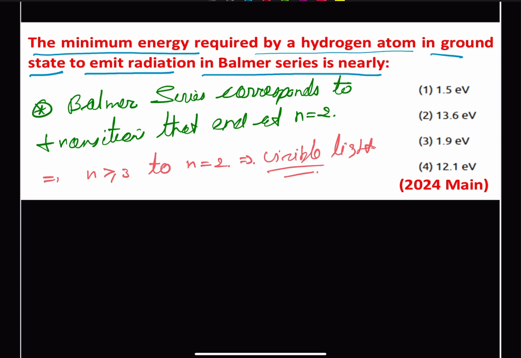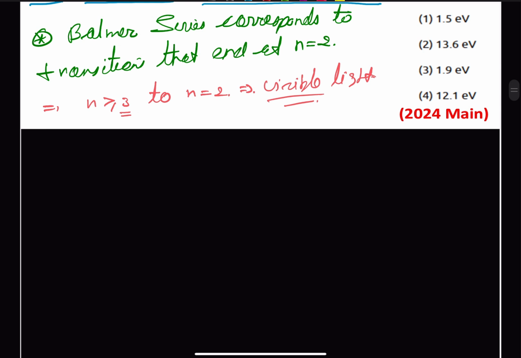In the question it is given that the hydrogen atom is initially in the ground state. So first of all, from the ground state it should absorb, and at least it should come to the minimum value, that n is equal to 3. Then it can transition to level 2, which will result in the Balmer series.